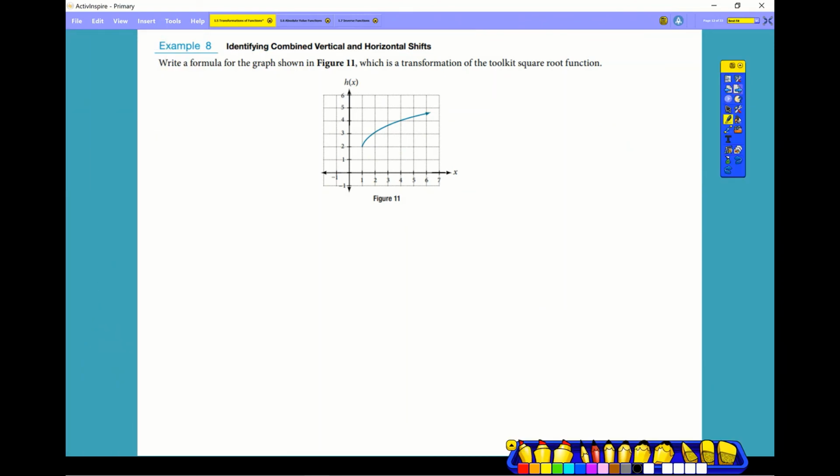Okay, write a formula for the graph shown in figure 11, which is a transformation of the toolkit square root function. All right, so one thing about the square root function is your x cannot be any smaller than 0. So we know it's going to start here. And while I could create x value tables, it would just be decimals and it would be messy, because as you can see, we don't actually have a good value until we get to 4, and it's 2.